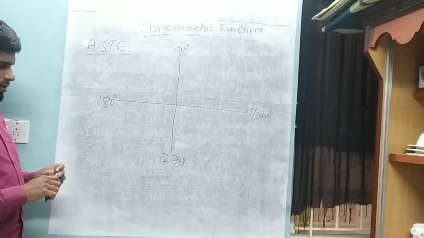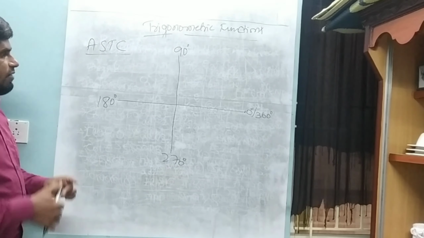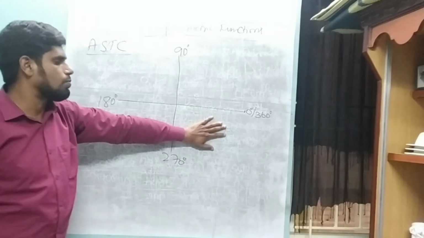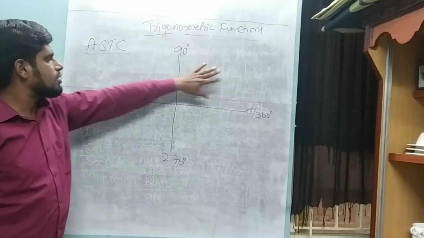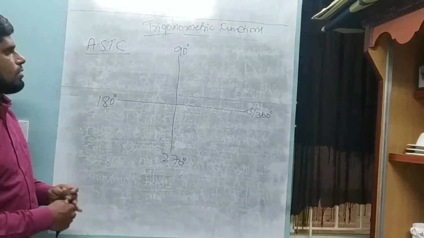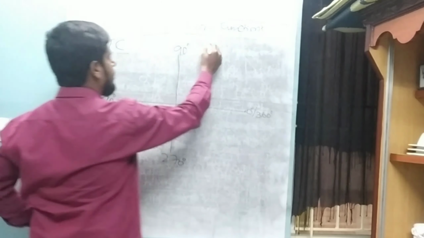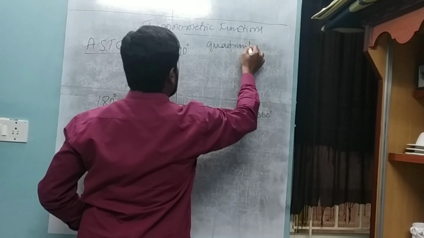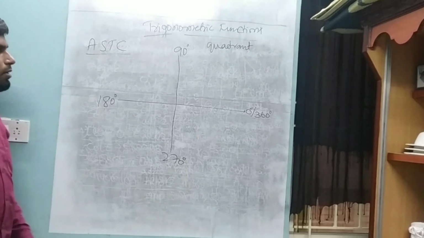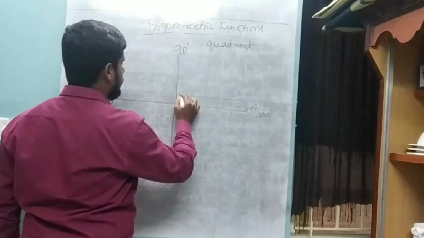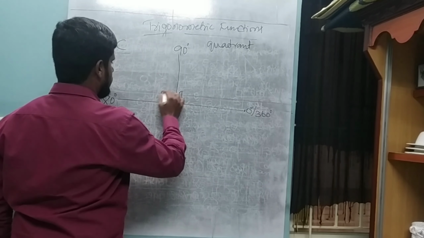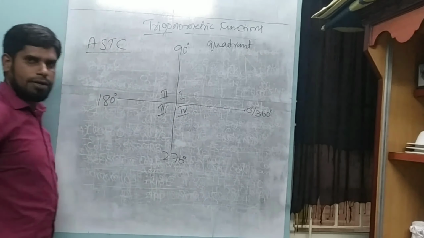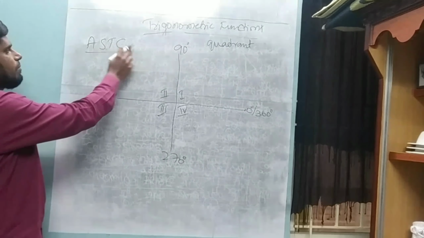So whatever the circle I have, I divided it into 4 equal parts. This is the first part, second, third and fourth part, and each part is called a quadrant. So this is the first quadrant, the second, this is the third, and this is the fourth quadrant. That's why there are 4 alphabets here.